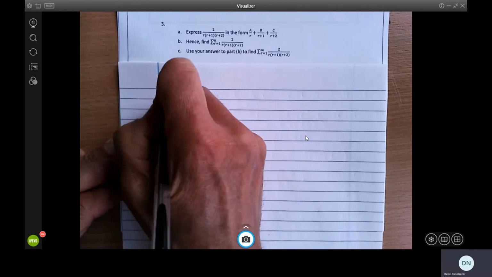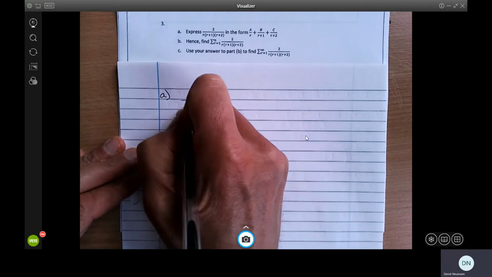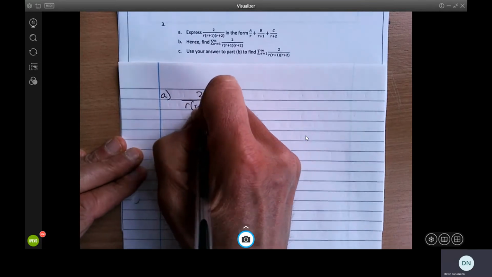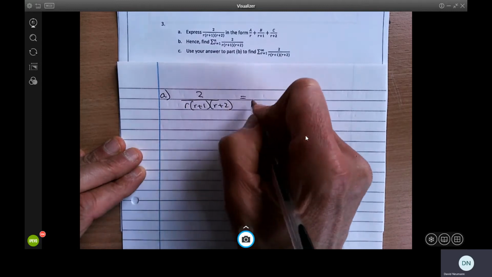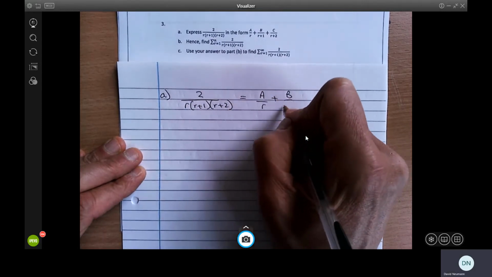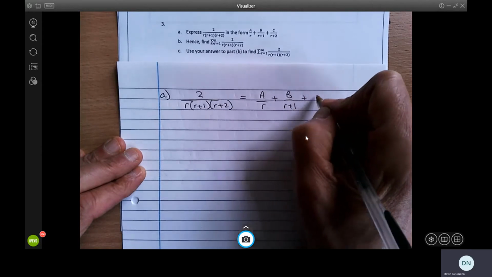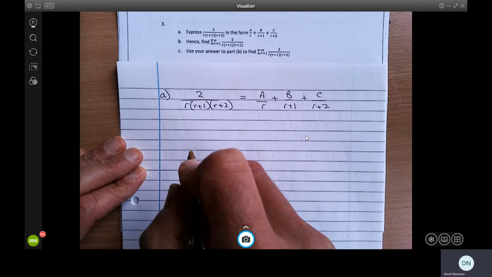So for part A, we're going to say 2 over r plus 1, r plus 2 is equal to A over r plus B over r plus 1 plus C over r plus 2.